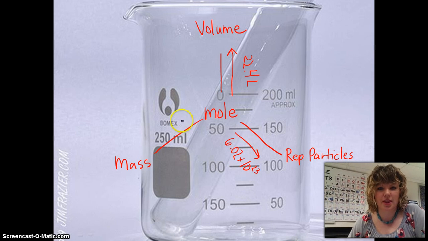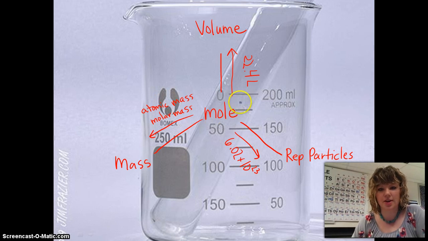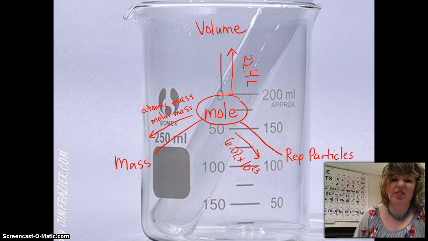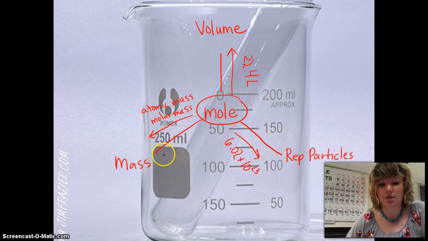And of course, if we're going this way, we're going to be using our molar mass, or the atomic mass if it's just an element. This kind of summarizes all the videos that we've done so far, of course excluding the mole hold, but this is the same kind of visual representation of what the mole concept is. And of course we get this from the periodic table.